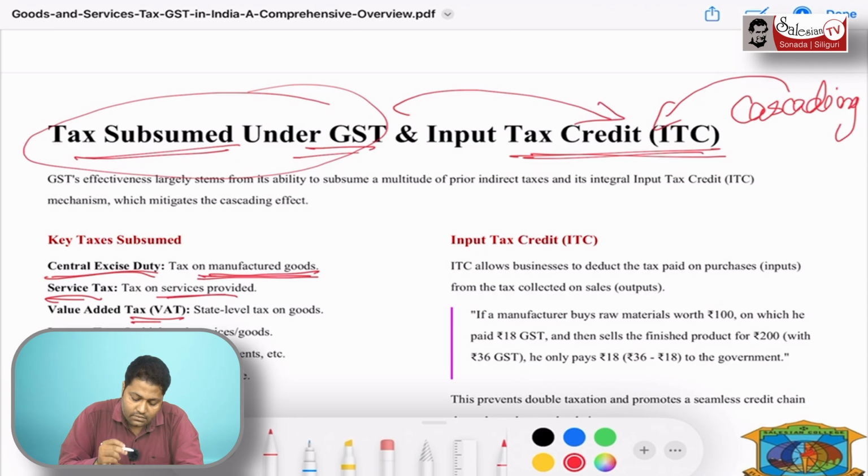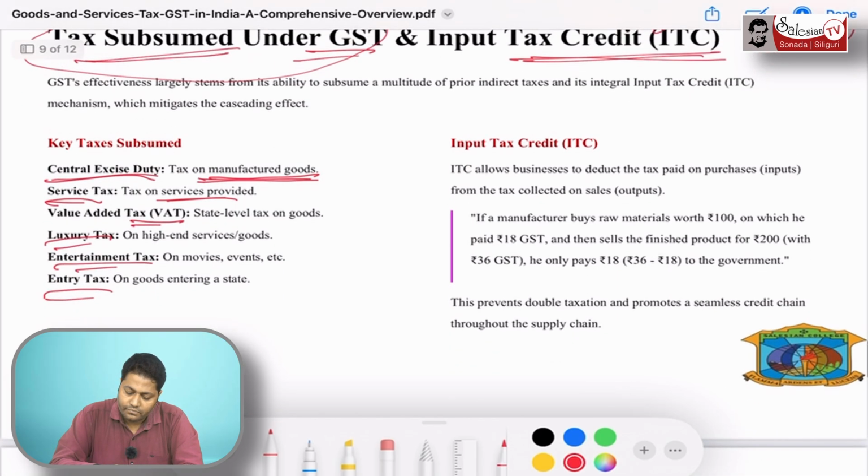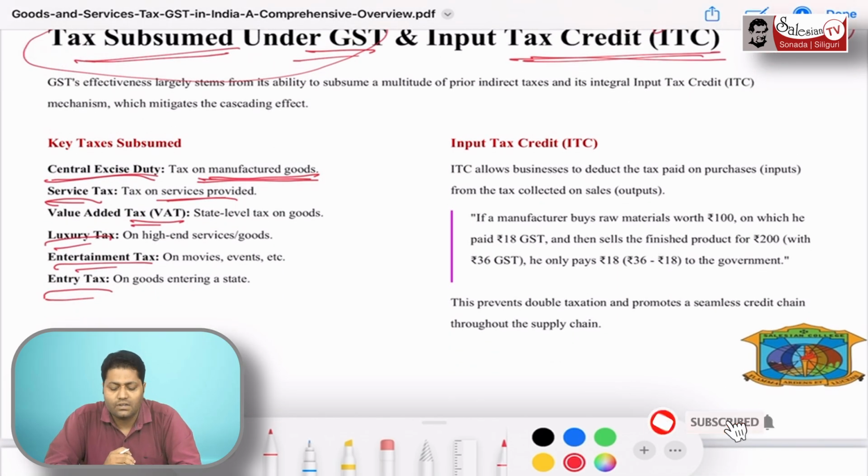Next, VAT. As you all know, because of VAT only, we are studying a new thing, that is GST. So VAT has also been subsumed. Luxury tax, entertainment tax, entry tax, octroi and many other taxes have been subsumed, and one GST will be charged.